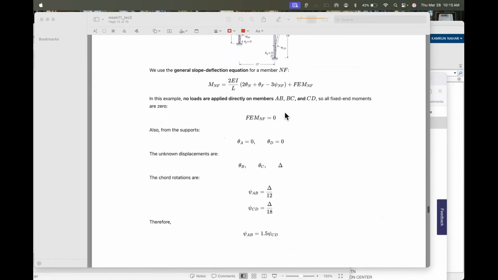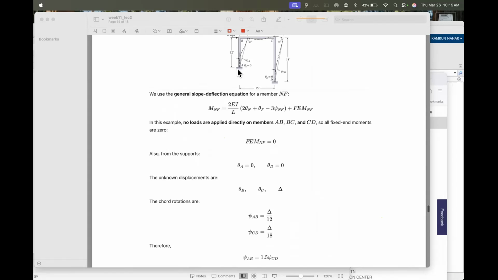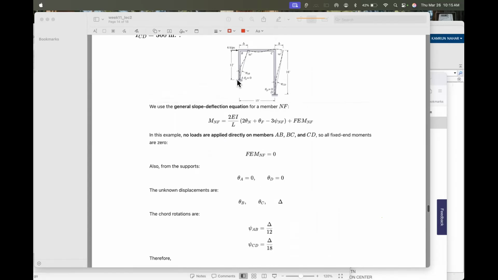Here I just wrote that, and as point A is a fixed support, theta A equals 0. For point D, the rotation theta D equals 0. So what is unknown?